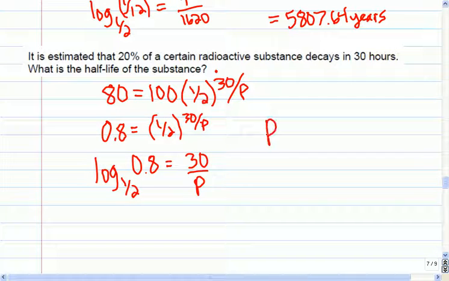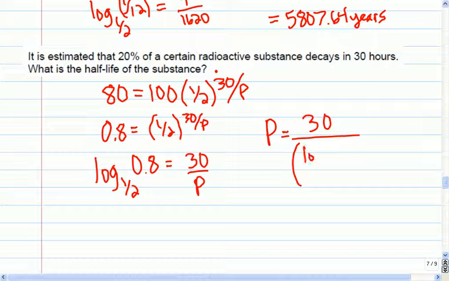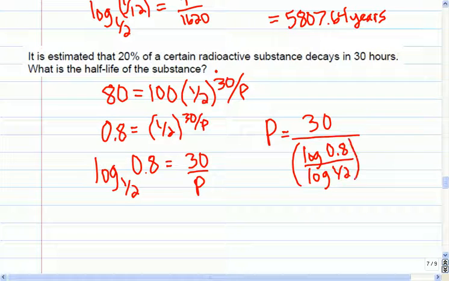So the half-life equals 30 divided by log 0.8 over log 1/2. Again, the change of base rule is what I'm using there. So 30 divided by log 0.8 divided by log 0.5. So at 93 hours. 93.189.